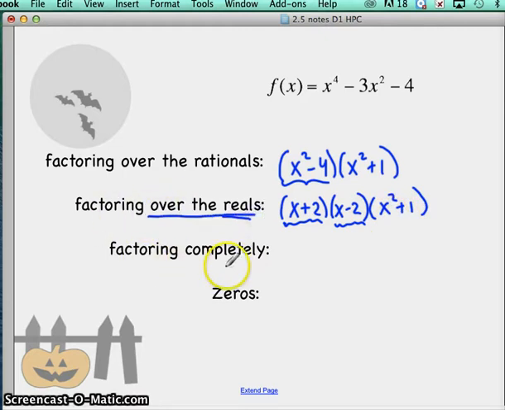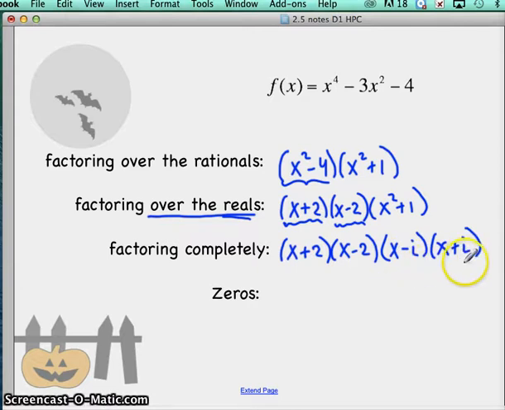If I factor completely, then every single solution would have its own factor. So -2 solution, that's its factor. +2 solution has this factor. And then didn't we have i and -i? So x minus i and x plus i would be our last remaining factors.